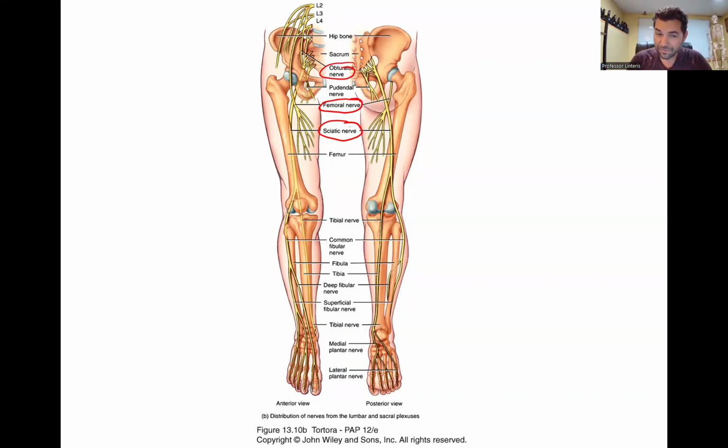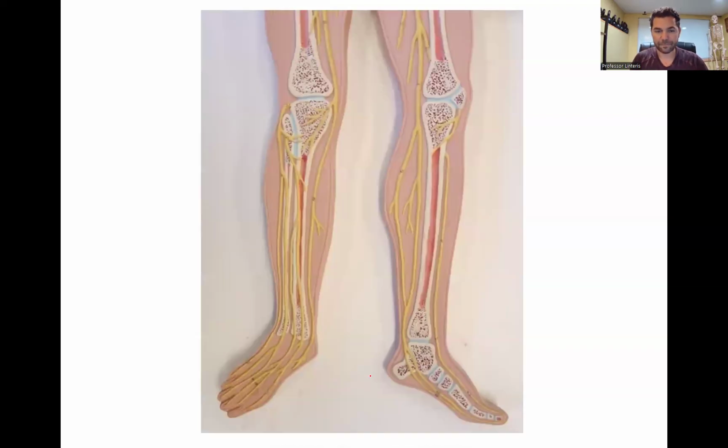As we work our way down the leg, we will see a tibial nerve, a fibular nerve, and a plantar nerve. And when we show the picture of the leg, I will show you where those are. The tibial is always going to be medial. The fibular is always going to be lateral. And the plantar is always going to be in the foot.